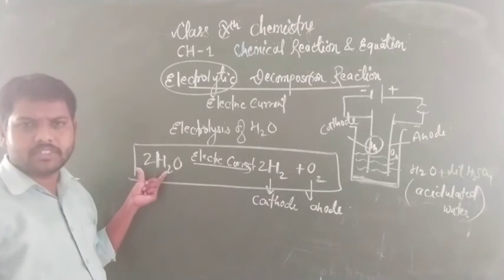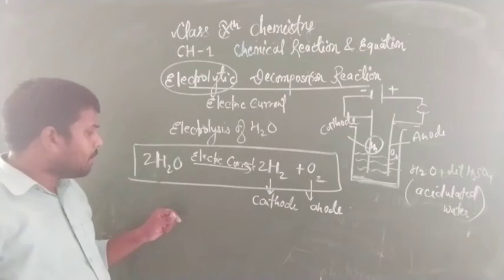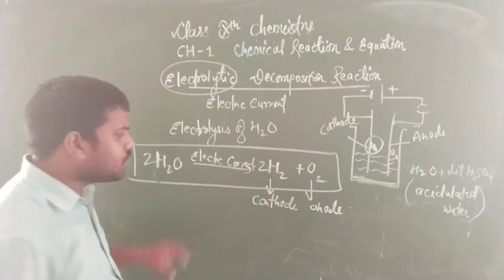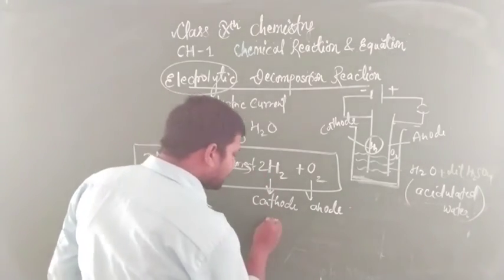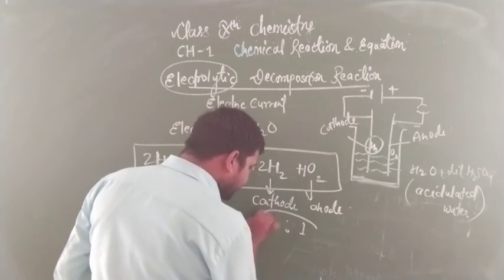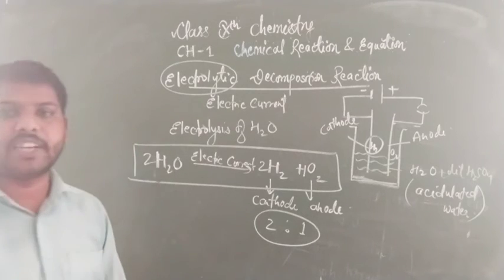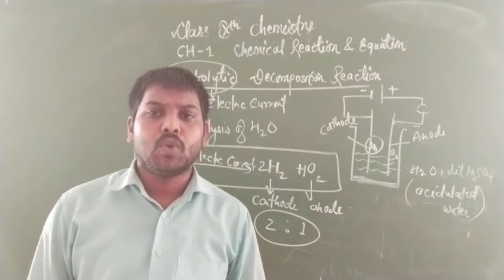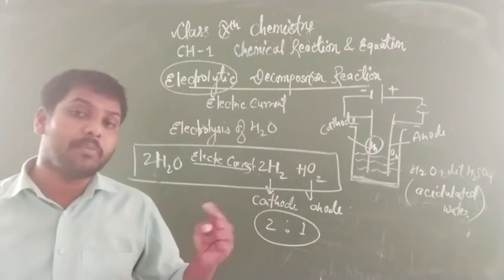Water is the same for all this, 2 water, 3 water. But when the water compound breaks, it gives 2 volumes of hydrogen gas and 1 volume of oxygen gas. The question is why? Why does the compound give 2 moles of hydrogen gas and 1 mole of oxygen gas?